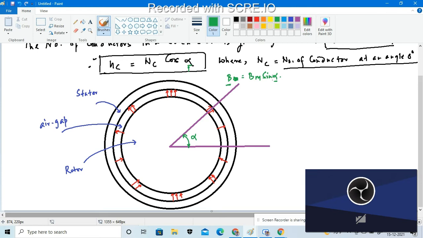So if I draw the sinusoidal representation of the varying air gap flux density, we have a sinusoidal behavior like this.